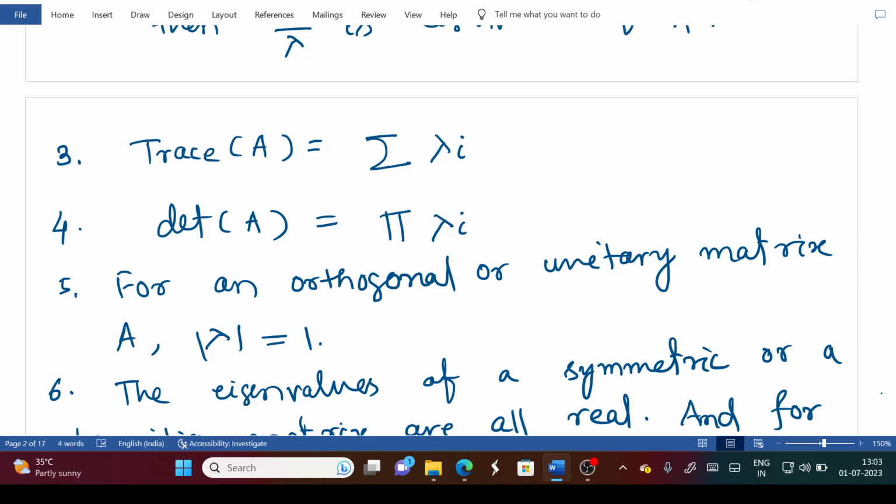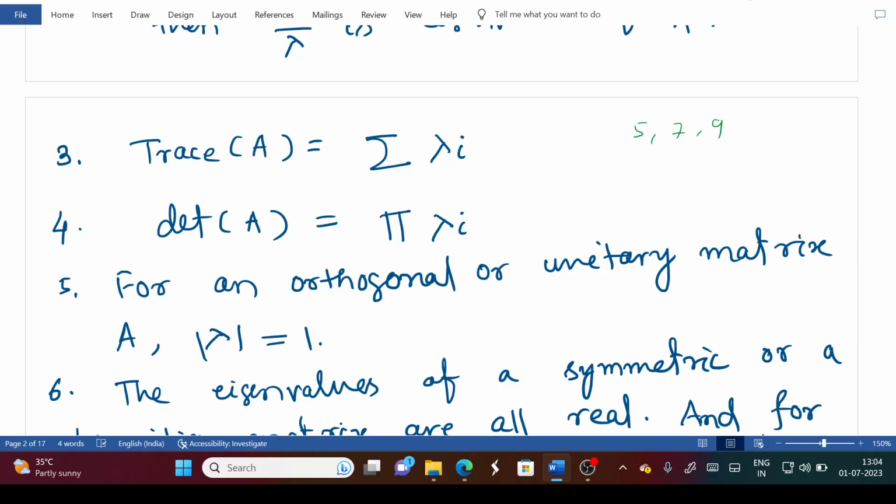So suppose A is a matrix with eigenvalues 5, 7, 9. Then trace of A is 5 plus 7 plus 9, that is 21. And determinant of A is 5 into 7 into 9, that is 315.